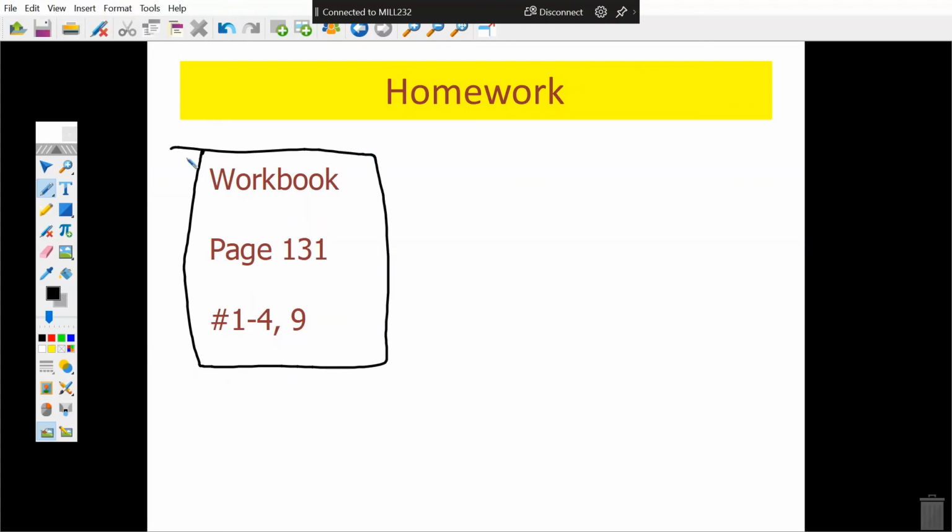Your workbook is on page 131. Just numbers 1 to 4 and 9 are good practice. And then as well, you're going to want to work on the chapter 5 review.